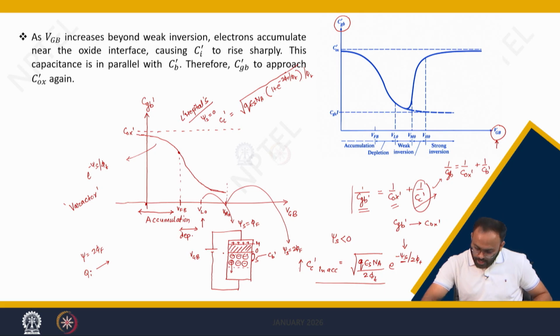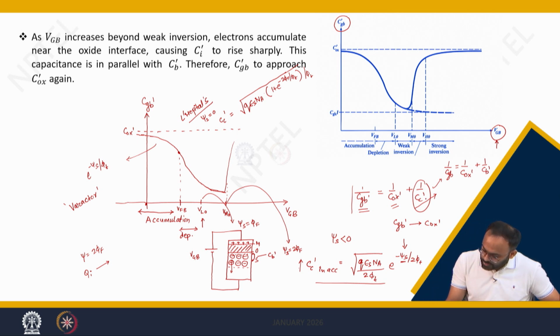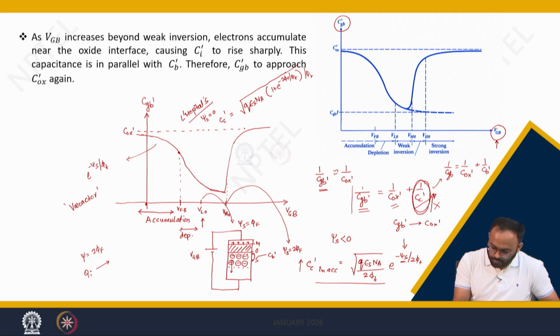So, we will get an immediate rise in the capacitance after 2 phi f, and again this Ci dash is increasing to a very high value. If Ci dash is increasing to a very high value beyond 2 phi f, this term can be negligible. So, ultimately 1 over Cgb dash is approximately equal to 1 over Cox dash, which means my gate to body capacitance approaches Cox. This is in inversion.